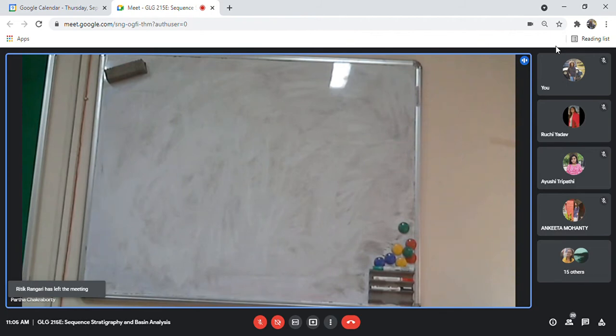Whereas HST is defined in terms of aggradational to progradational succession.